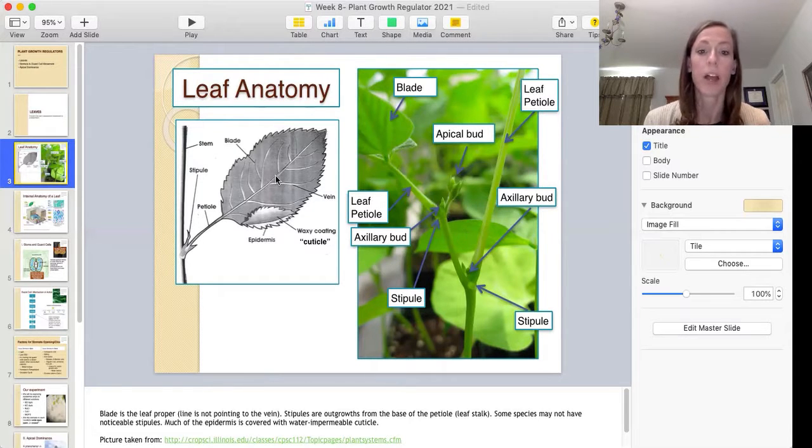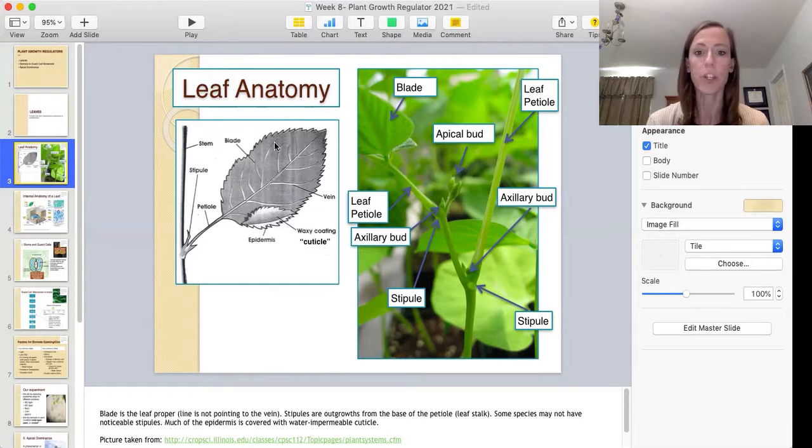Okay, the blade is covered by two layers of epidermis, one on the top of the leaf and one on the bottom of the leaf. And then it is additionally covered by this waxy coating called a cuticle. Okay, and this helps with water retention and it keeps the leaf from drying out.